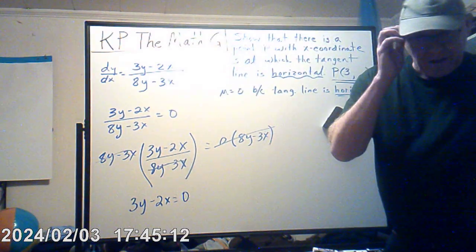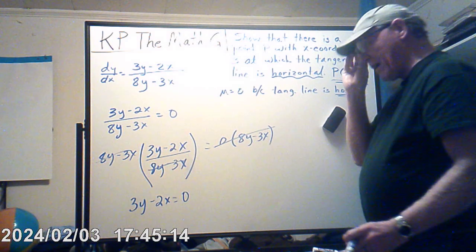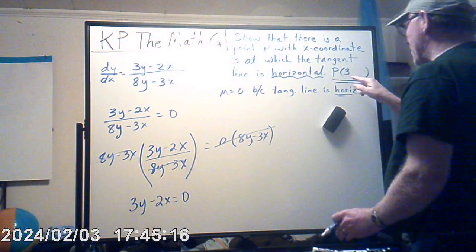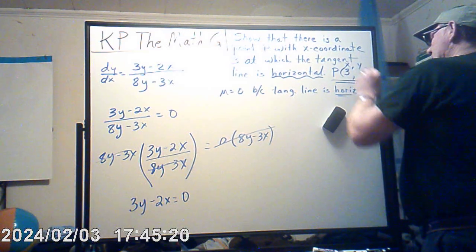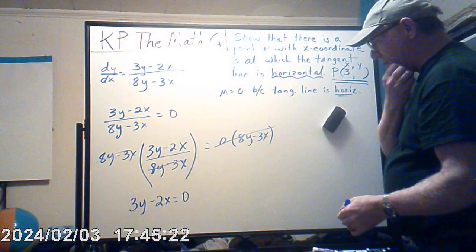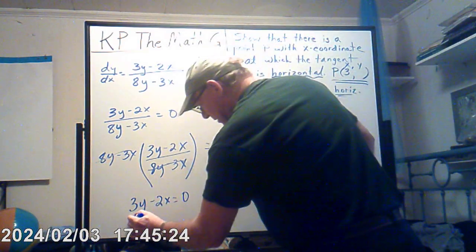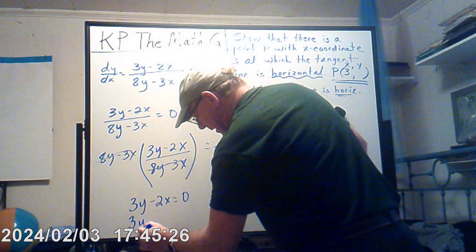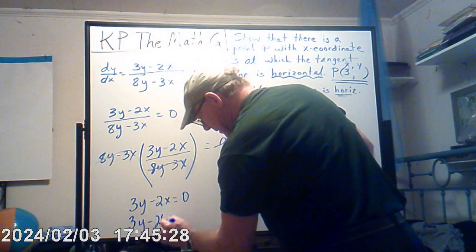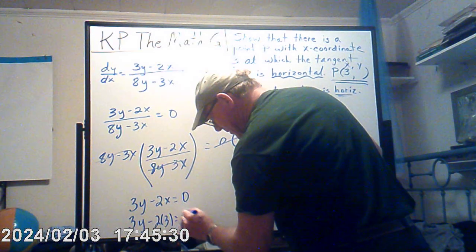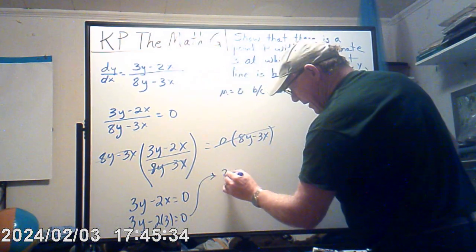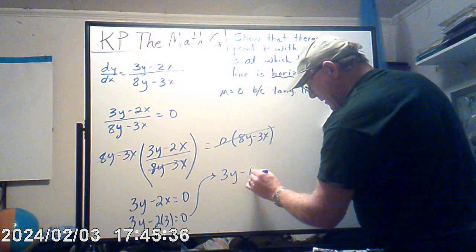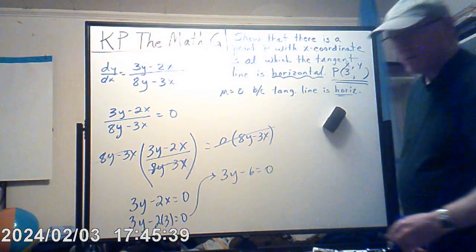Alright, we have two unknowns. Actually, we only have one unknown because we already know what the x value is. x is 3, so we just need to find what y is. So 3y minus 2 times 3 is equal to 0. So what we have here is 3y minus 6 is equal to 0.